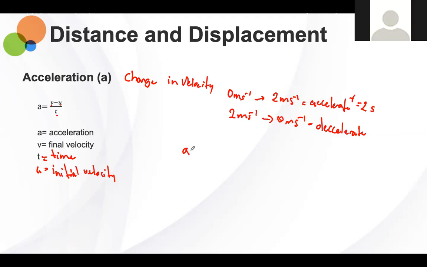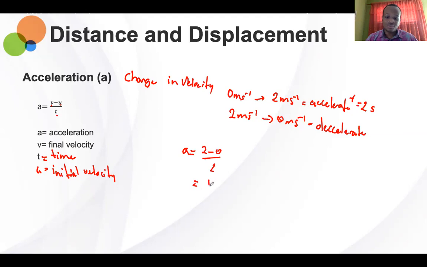A equals what? Let's go through step by step. V equals 2, minus 0, over 2. So our acceleration will be 1.